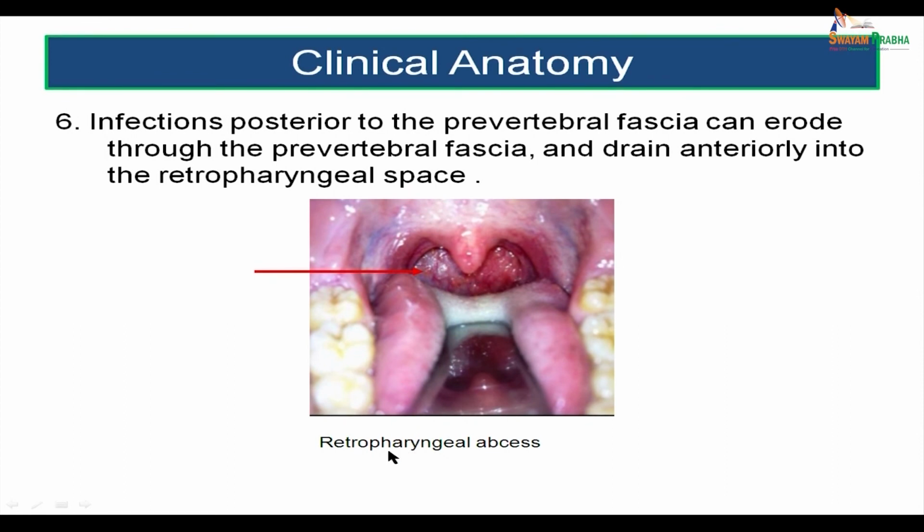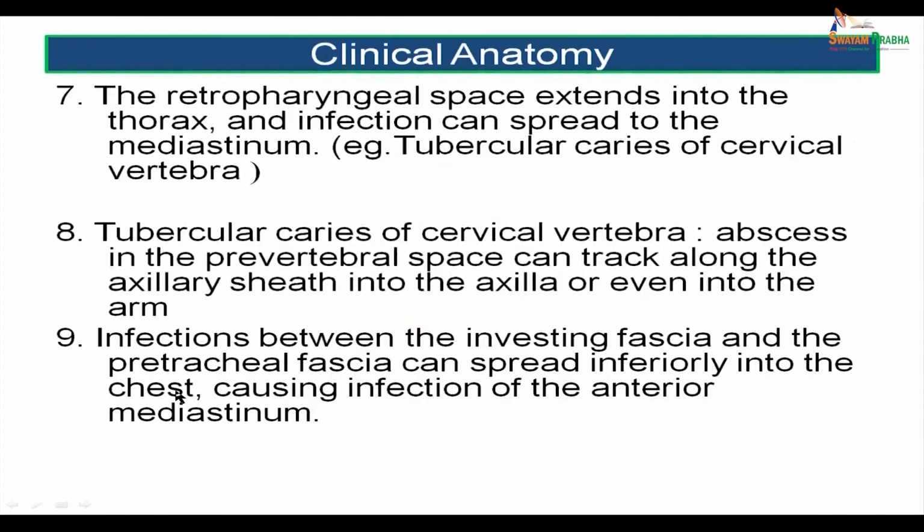This condition is called retropharyngeal abscess, and sometimes it can be a life-threatening condition. The retropharyngeal space extends into the thorax, and infections can spread to the mediastinum through this route. For example, the tubercular infection of the cervical vertebra, which is called tubercular caries.